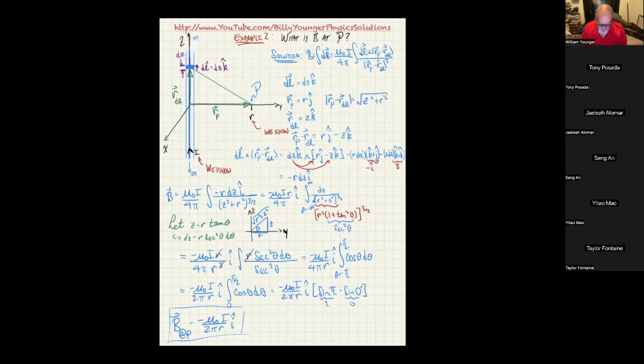So we would see that that actually points exactly the right direction. So we could also say B at P is equal to mu 0 I over 2 pi r theta hat, for those of you who are in the know with regards to cylindrical coordinates.